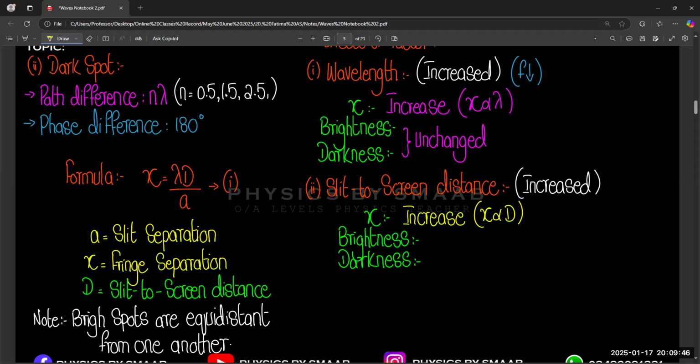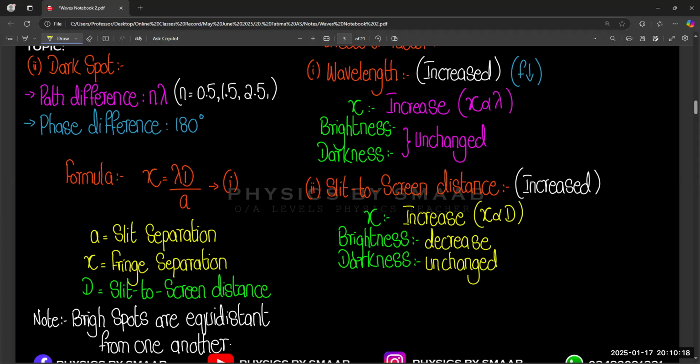If we are standing close to the candle we observe more brightness, and if we are standing at a distance we observe less brightness. So if we increase the distance, the brightness decreases and darkness remains unchanged.